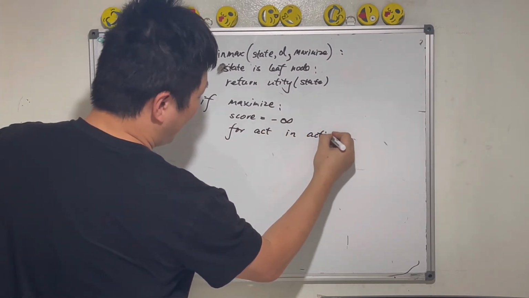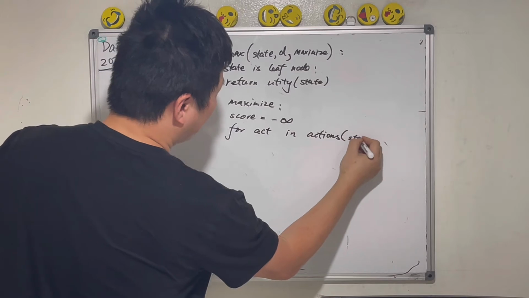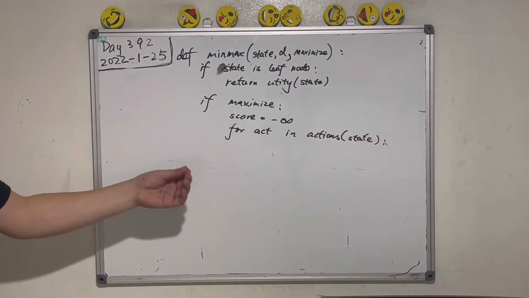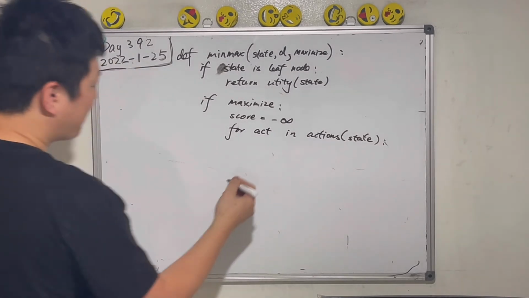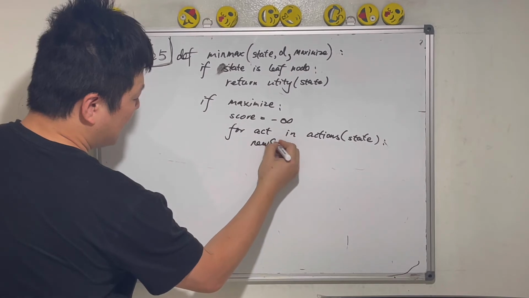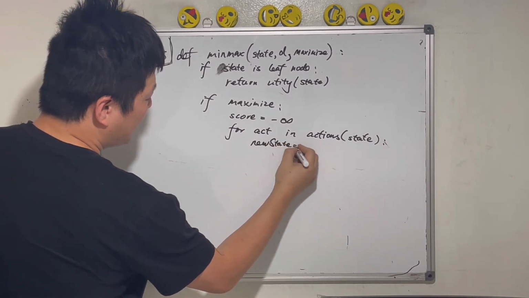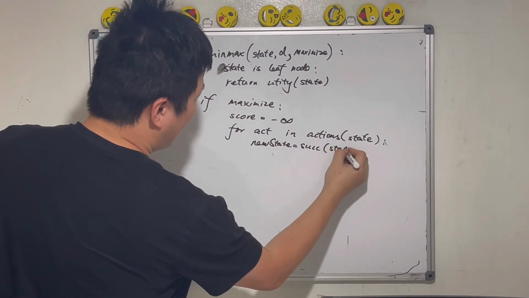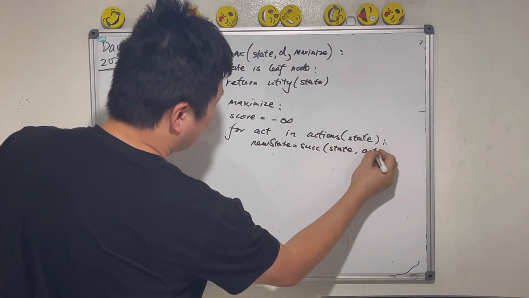We have self.actions given the state, and this actions function will tell me the possible moves. Then we have a new state, from yesterday: new state equals the successor of the state and the action.